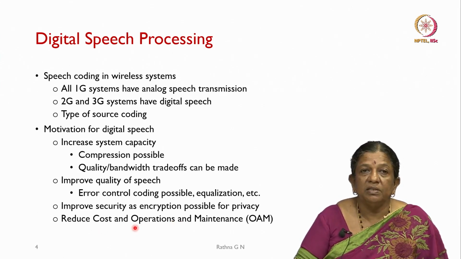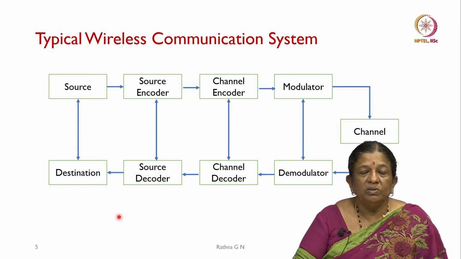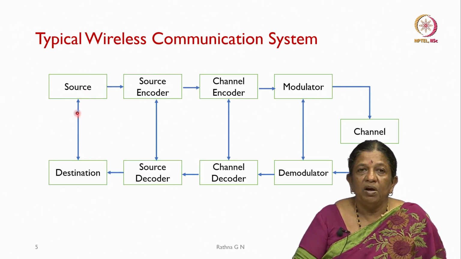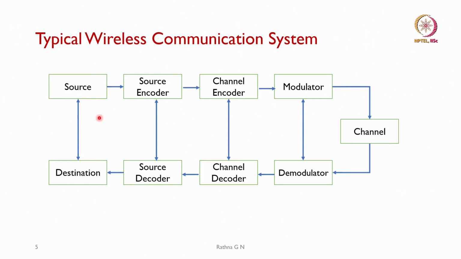Coming to the communication system in wireless mode, what this diagram shows is that we have the source, and we do the source encoding there, and after that we encode the channel also, and then use the modulator to generate the signal and pass it through the channel.